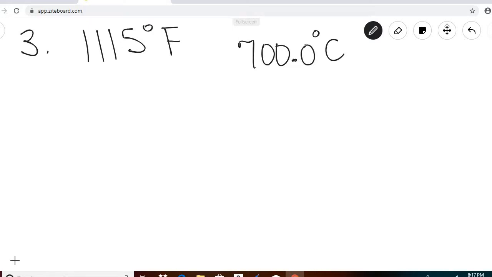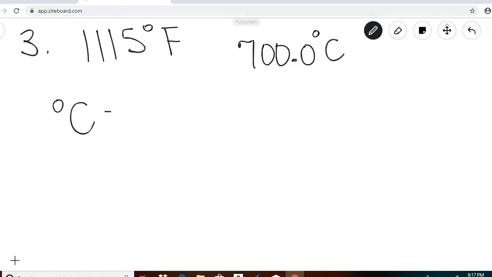You can't compare those until you get them into the same unit. It doesn't matter whether you change the Celsius to Fahrenheit or Fahrenheit to Celsius, but you need to get them into the same unit. So I'm going to change the Fahrenheit into Celsius.